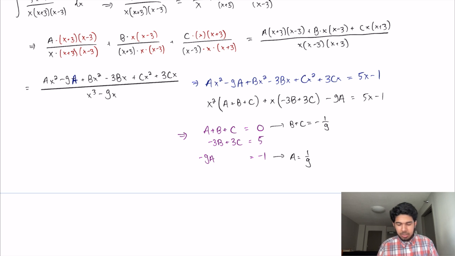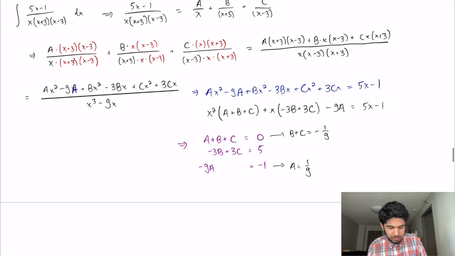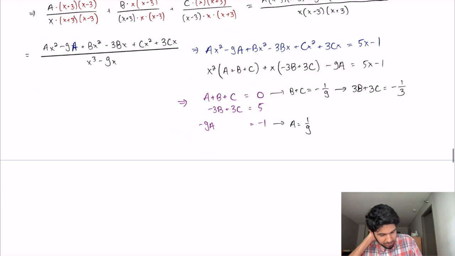And the second equation has 3's in front of the b's and the c's, so this left-hand side looks similar to the other left-hand side of the first equation. So let's convert that first equation into 3b plus 3c, and that's going to equal negative 1/3. Okay, so let's write this down below. 3b plus 3c equals negative 1/3.